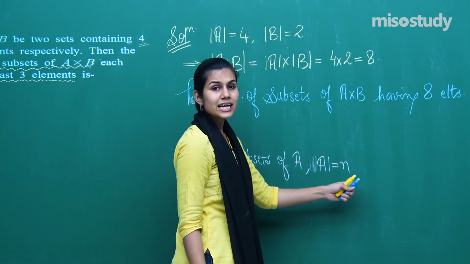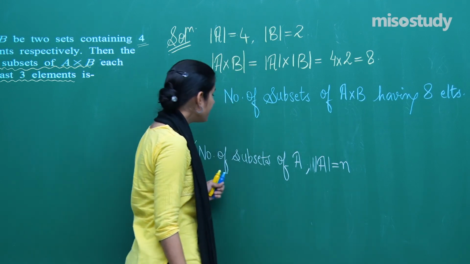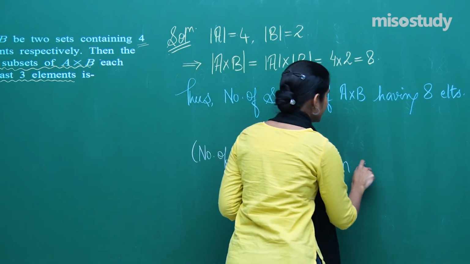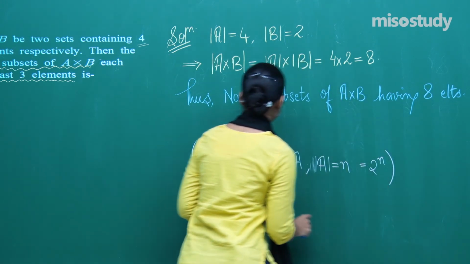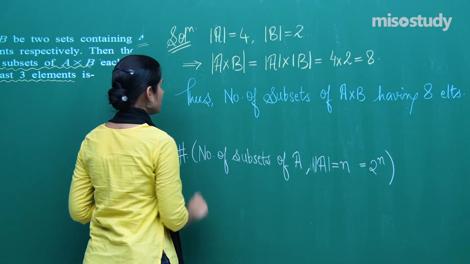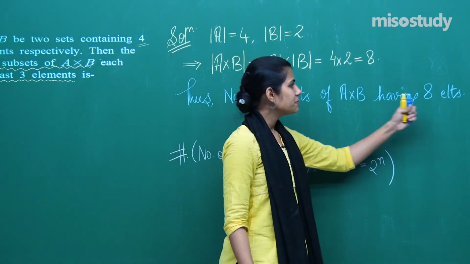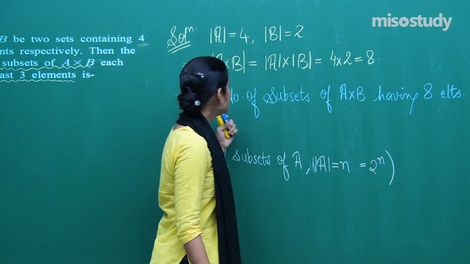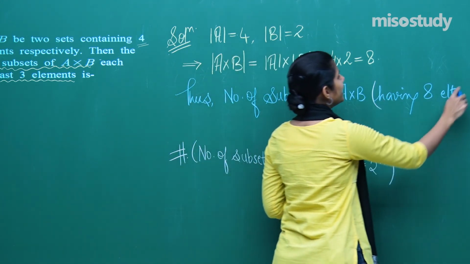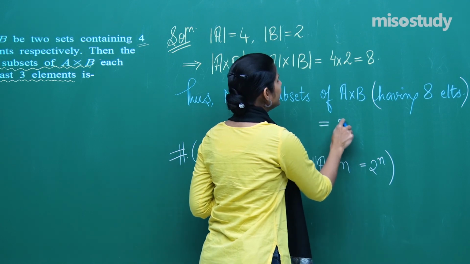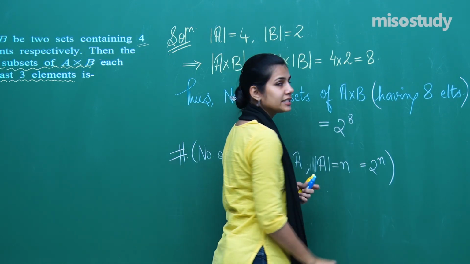That means if A has n members inside it, the number of subsets of A is equal to 2 to the power n. And therefore, if A cross B has 8 elements, then number of subsets of A cross B will be 2 to the power 8.